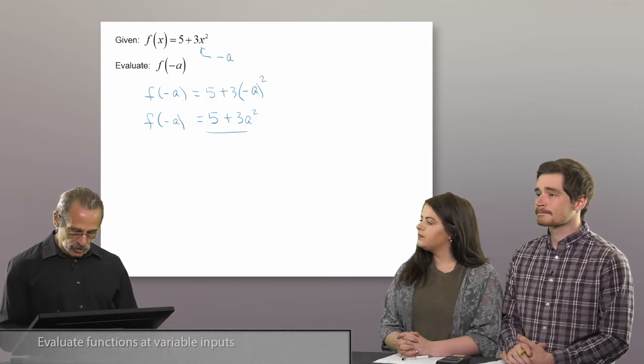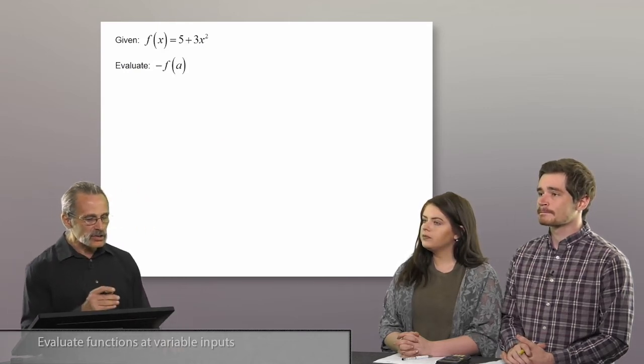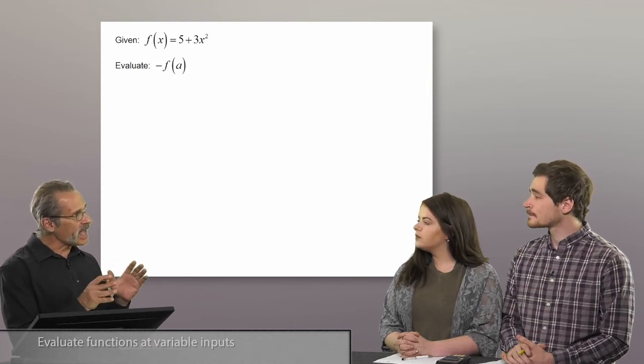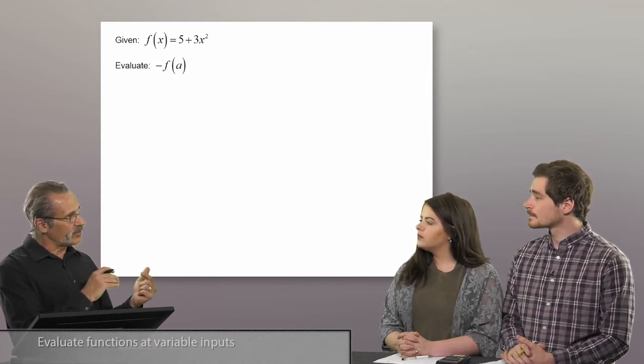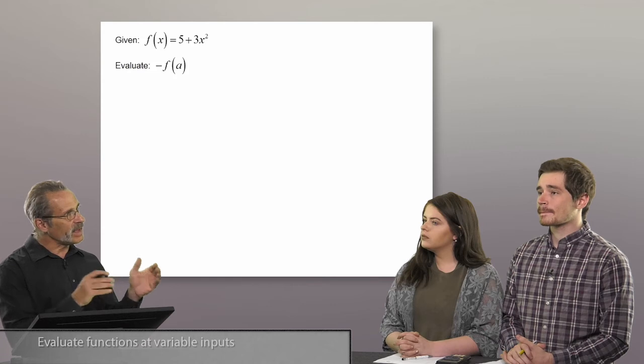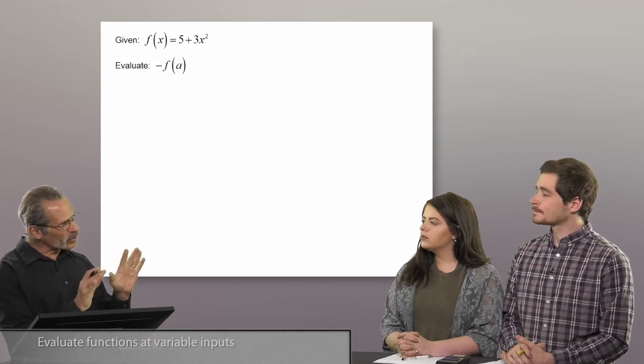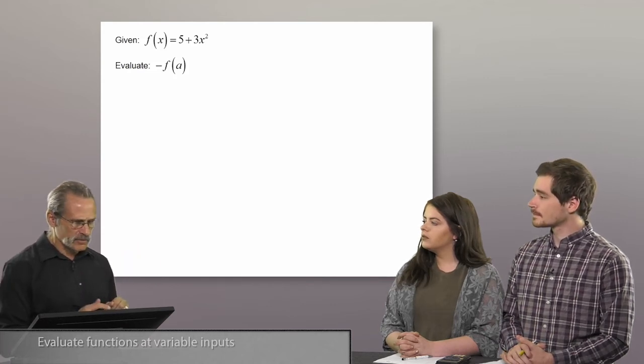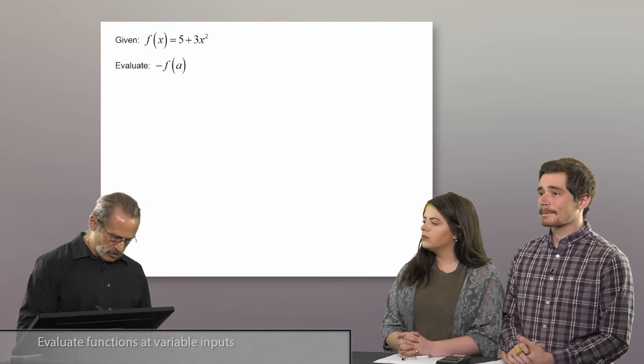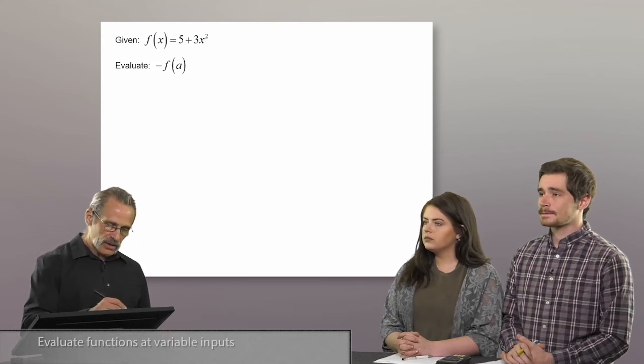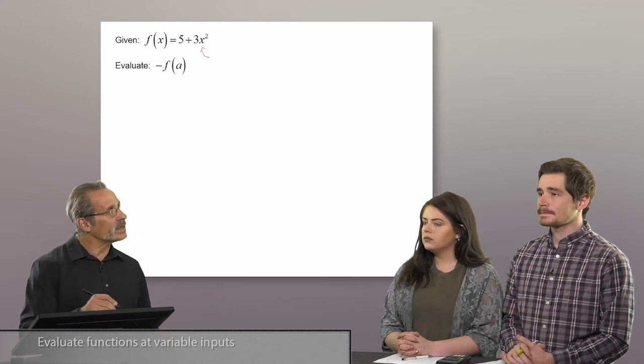Let's go ahead and take a look at two more. Here, we want to evaluate the function at a and then apply the negative. So we're going to evaluate negative f of a. So it's the order that we're doing this that we want to be mindful of. Our first substitution, just to be really clear, is we're going to substitute in for x, what?